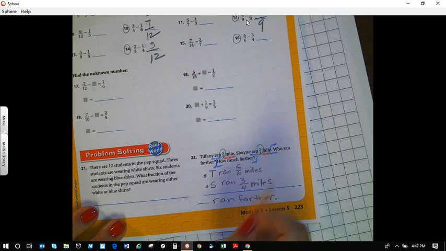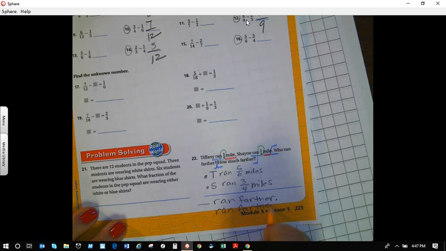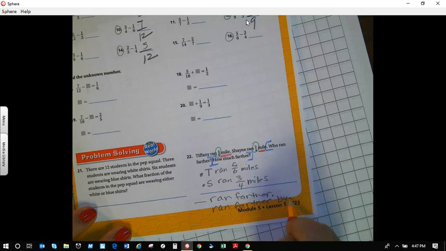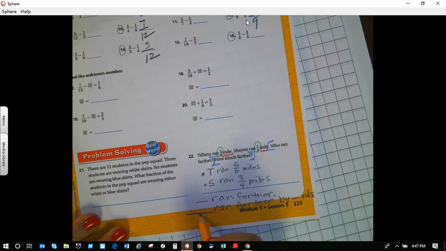And by how much? So it's whoever it is ran farther by blank miles. I'm going to abbreviate that. So whoever our winner is here, we're going to put their name here.